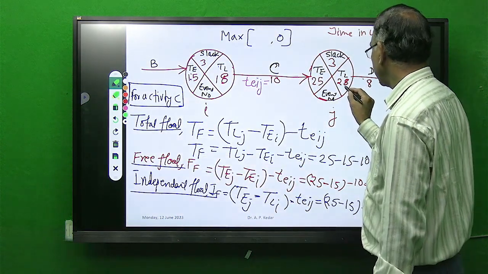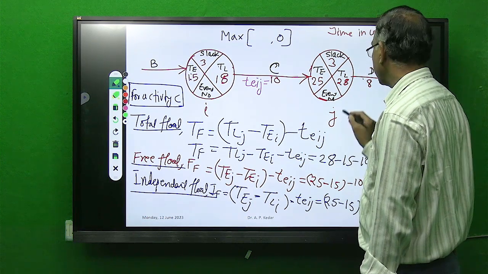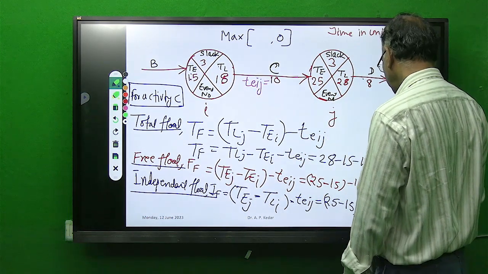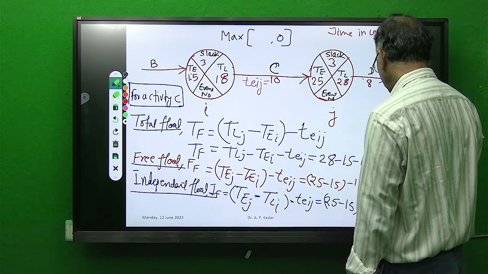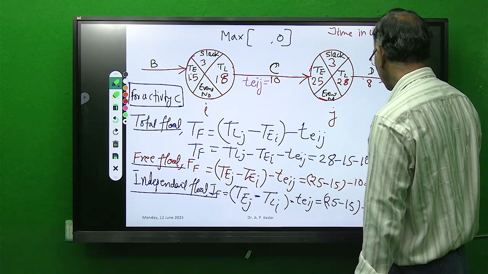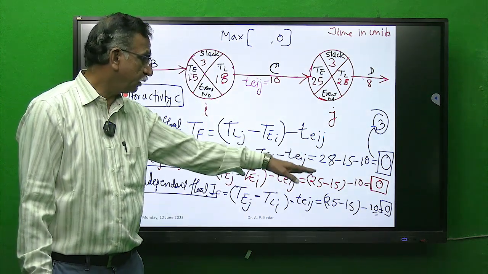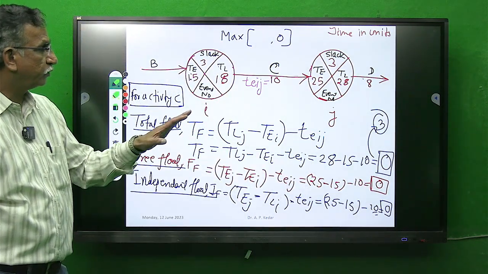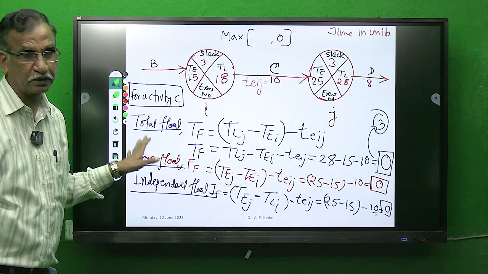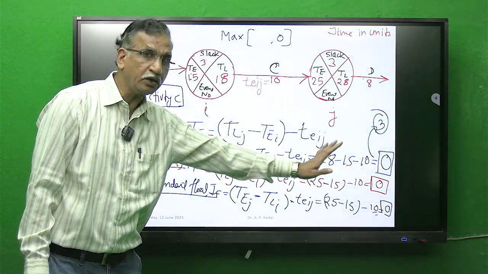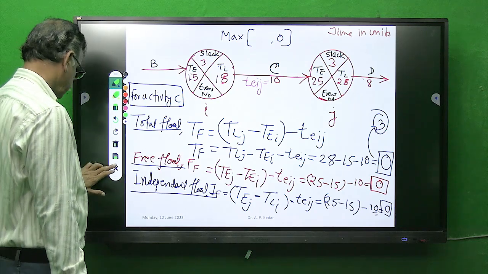It will be 28 minus 15 minus 10, so instead of 0, the new value will be equal to 3, a float of 3. Getting it? Similarly, other values will change. So now I have explained the concept and the technical aspect; when it is critical and non-critical, all these values will change. So now go ahead.